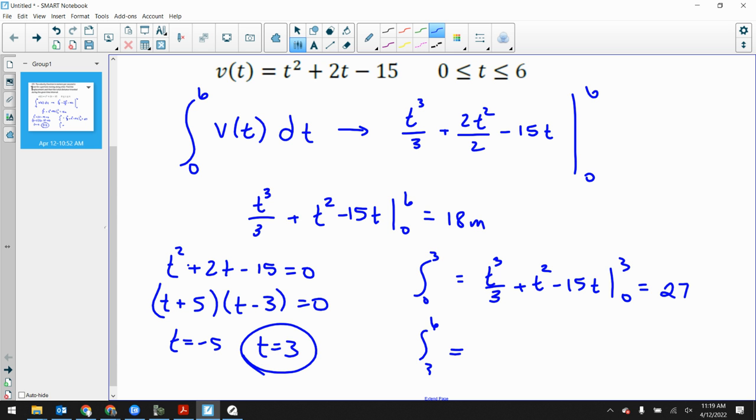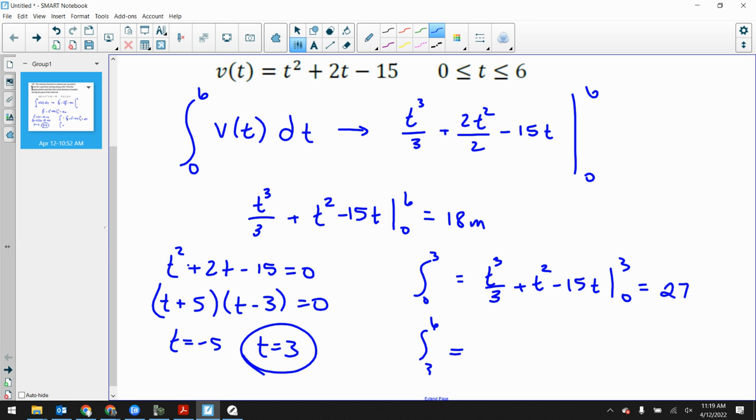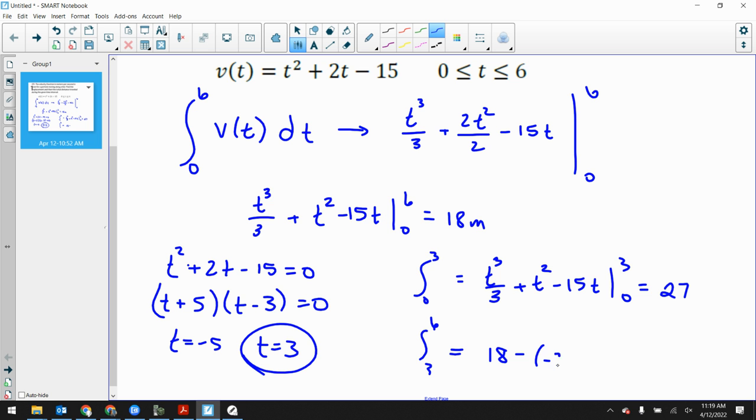All right, so 6 and 3. I'm going to have to take 6, which was 18, right? If I plugged in 6 here, I got 18. Well, actually the value at 3 was negative 27, right? So I'm going to go 18 minus a negative 27.